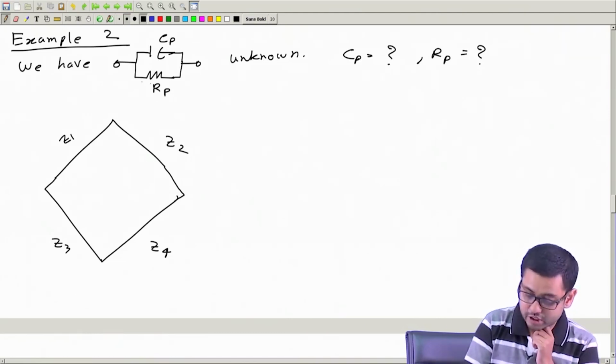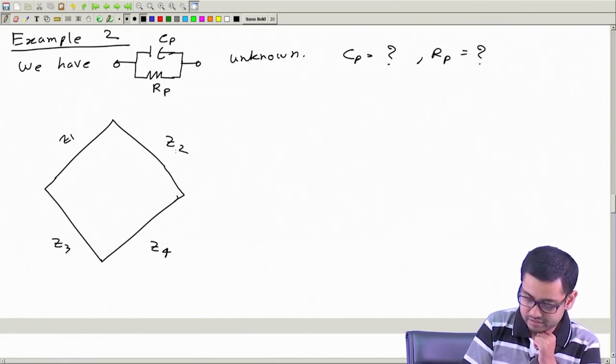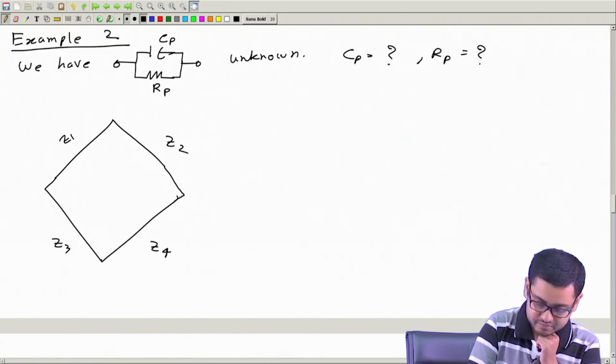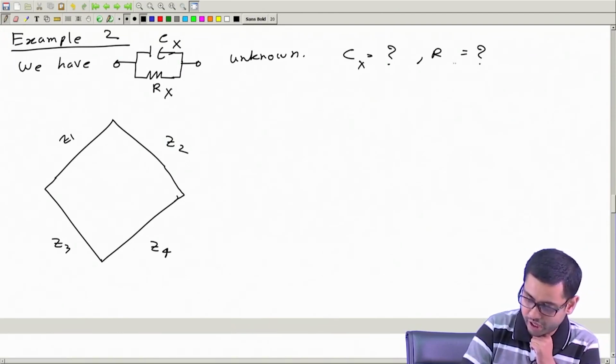Okay. Now, the task is to measure this. To measure this, let me put this unknown in one branch. Let me call it x, x for unknown. Okay, let me put the unknown again in one branch.